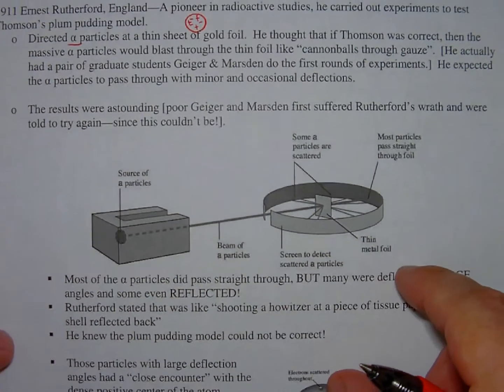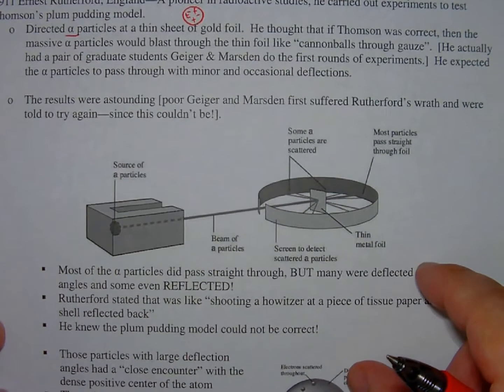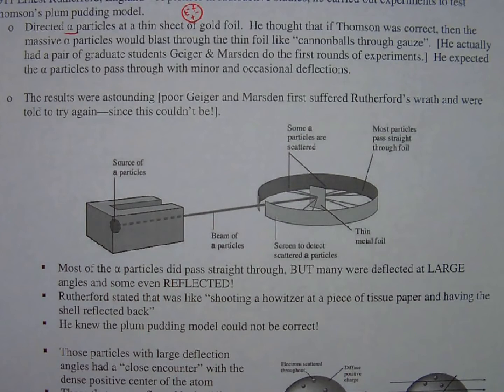So he figured this very large alpha particle would either bounce off of something or go straight through because it hit nothing. And his hypothesis is that it would go straight through because there'd be nothing to hit. Remember, his hypothesis was that the atom is mostly empty space.